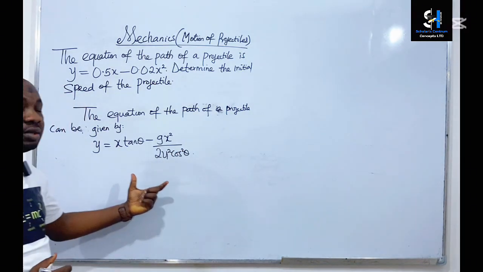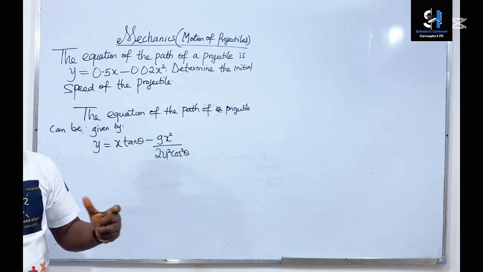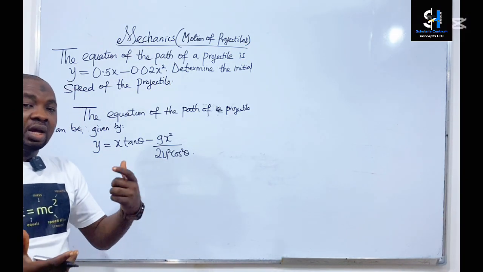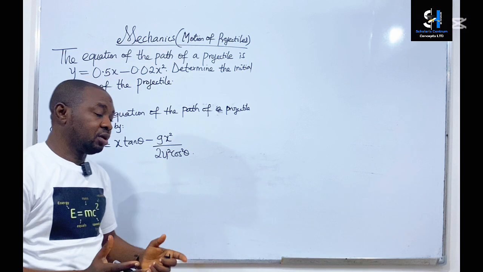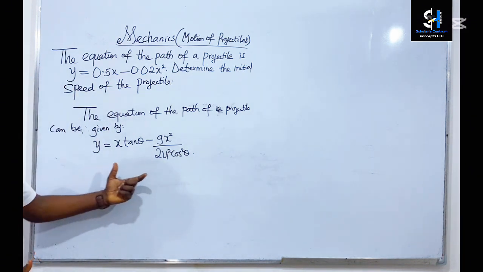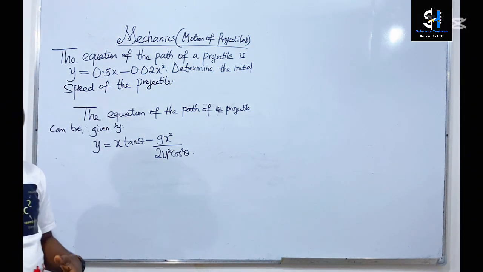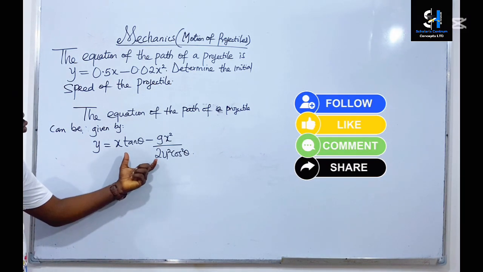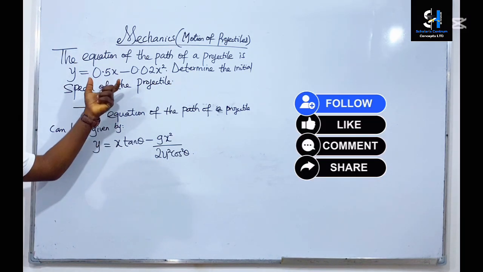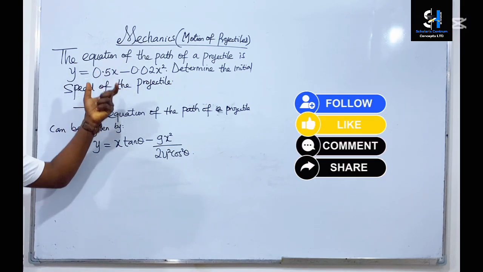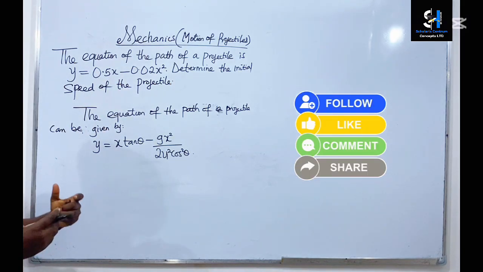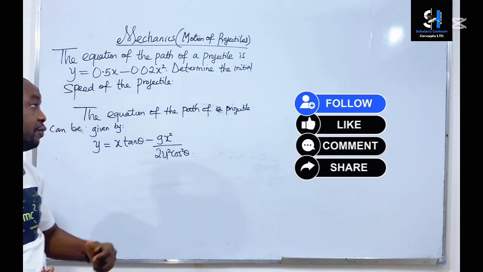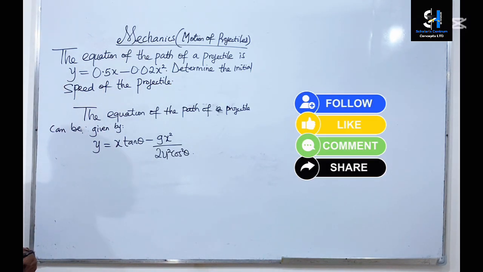This equation connects the vertical position and horizontal position together, and is called the equation of the path of a projectile particle. We're going to equate the given equation and the general equation, and from there we should be able to determine the initial speed of the projectile particle.